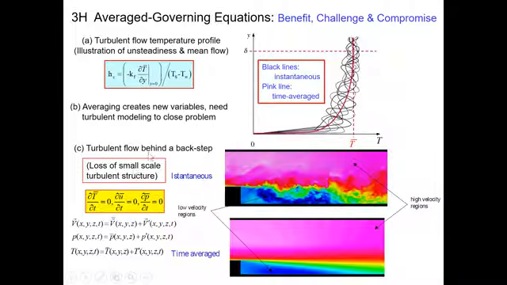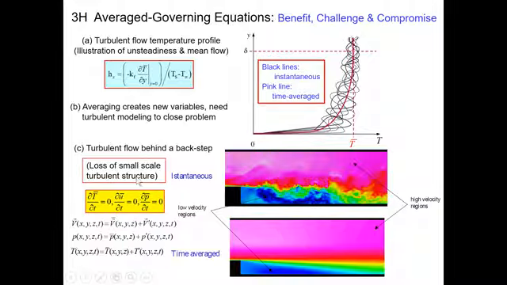Third, what is the compromise of using the averaged temperature equation? When we do the time averaging, another benefit is that we drop the time dependence. Then it's also a compromise because we lost information about the velocity field and the temperature field.